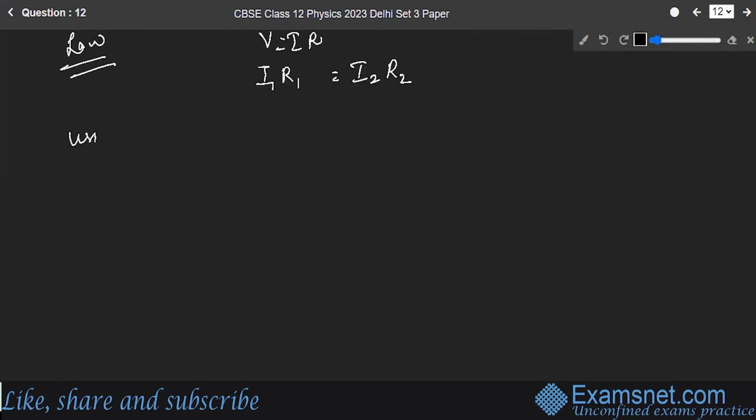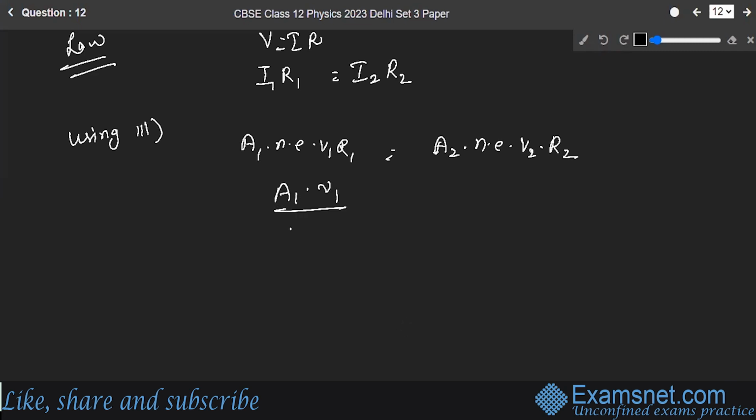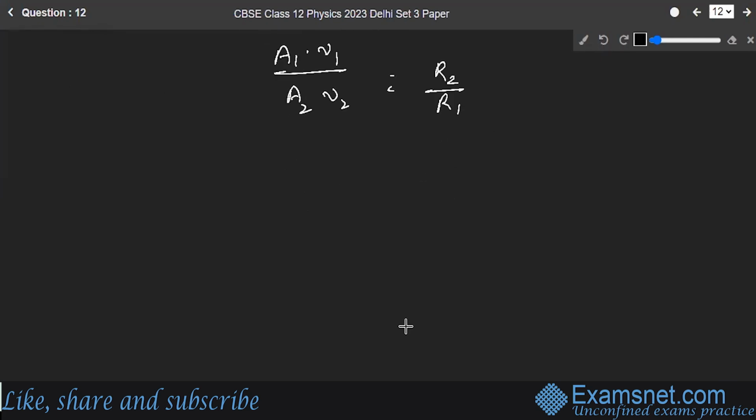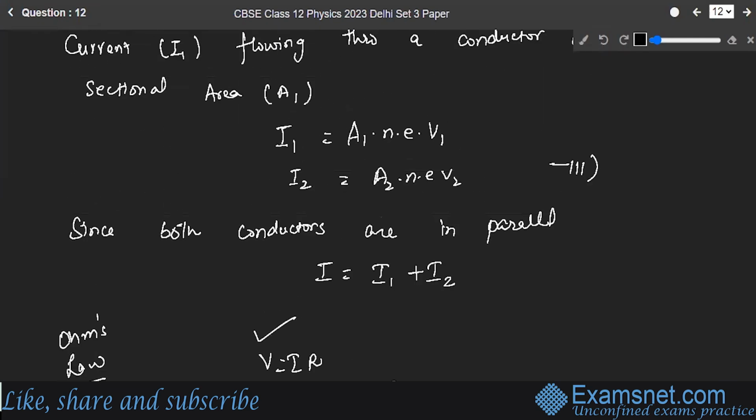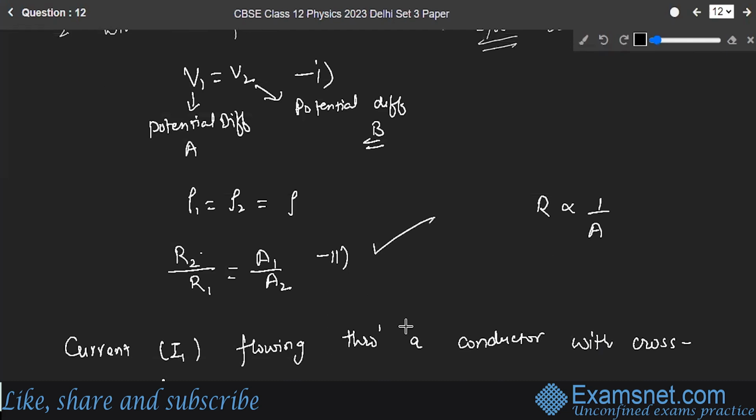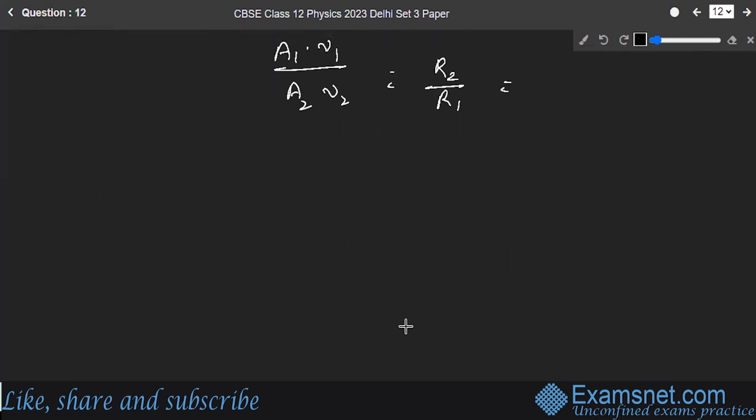Now using 3, you have this is equal to A2 this. So A1 into mu1 is equal to this. We have already seen from 2 that R2 upon R1 is equal to A2 upon A1.